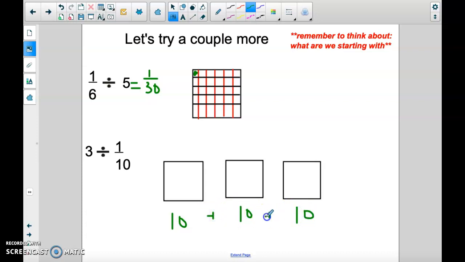So I'm going to add them together. My answer is going to be 30, right? Because there's 30 groups of 1/10 in 3 wholes. Realize I'm not doing 30 over 10. I'm doing 30 because there's 30 1/10ths in here altogether. Okay?